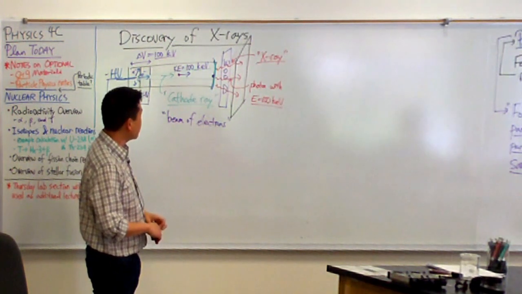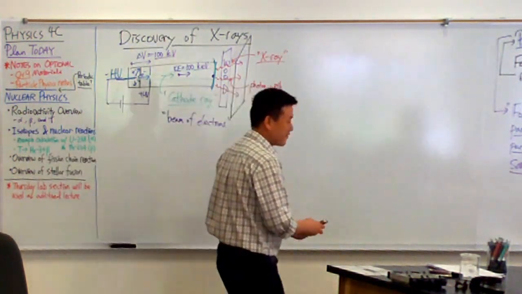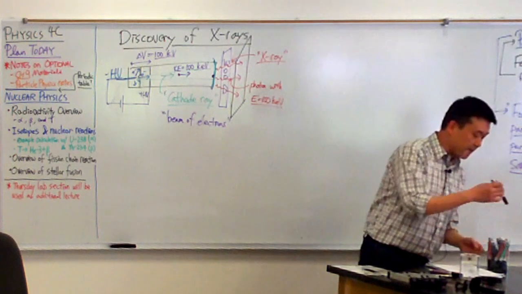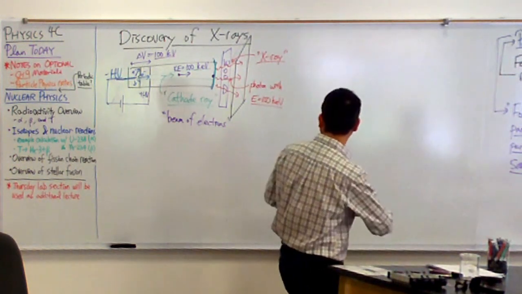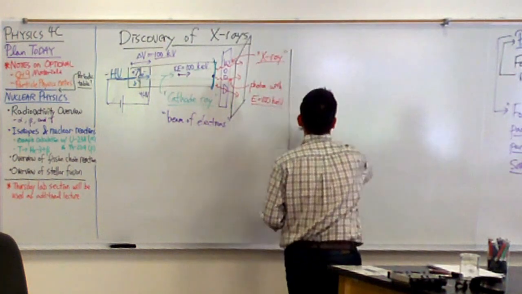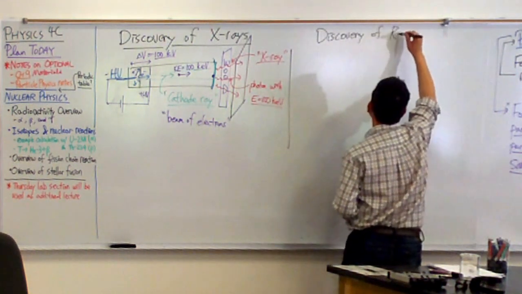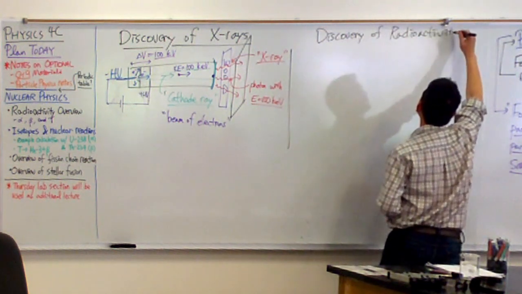And now the rest of what we are talking about with the nuclear physics actually has nothing to do with the X-ray. The reason I started the introduction with this is because it leads to a discovery of something called radioactivity. So the discovery of radioactivity is what I really want to talk about.